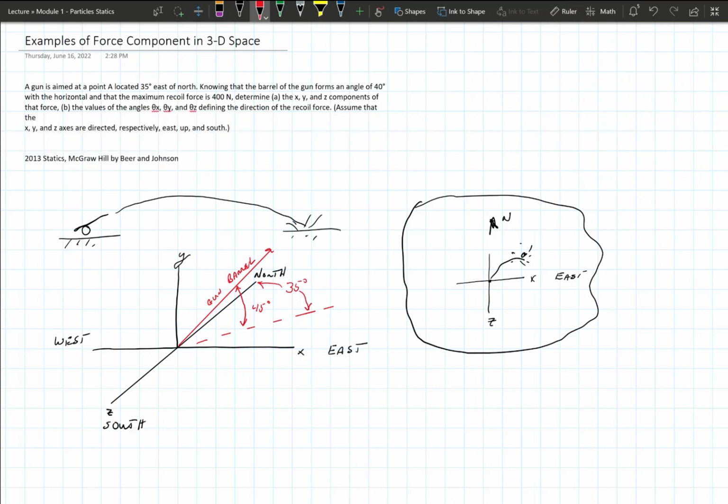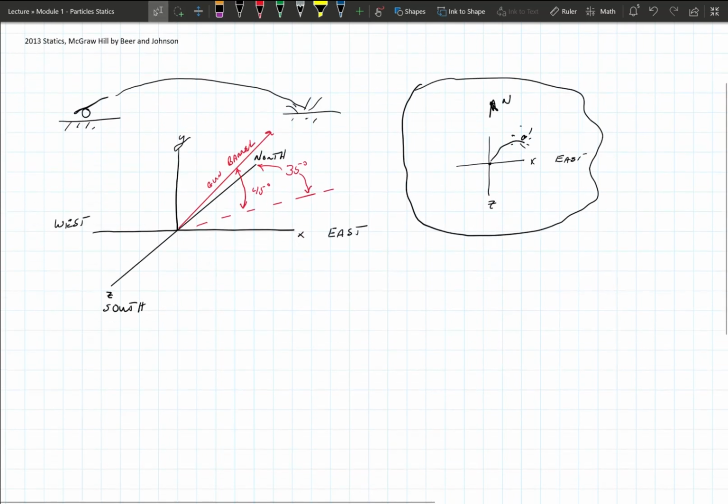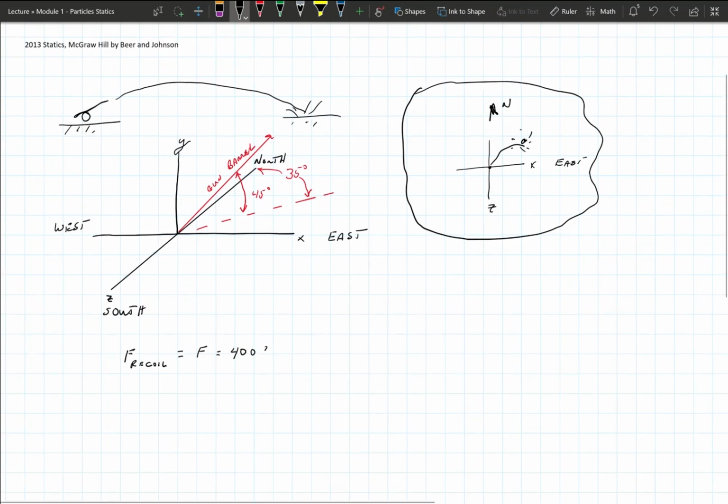All right, so a couple things we can do to help us with this. Okay, so we know the force of recoil, and I'm just going to call that F because that's our original F, is 400 newtons.